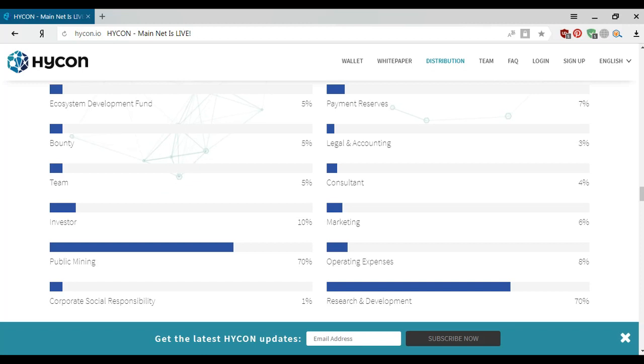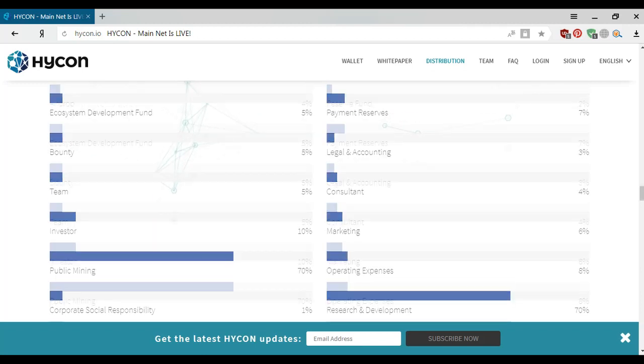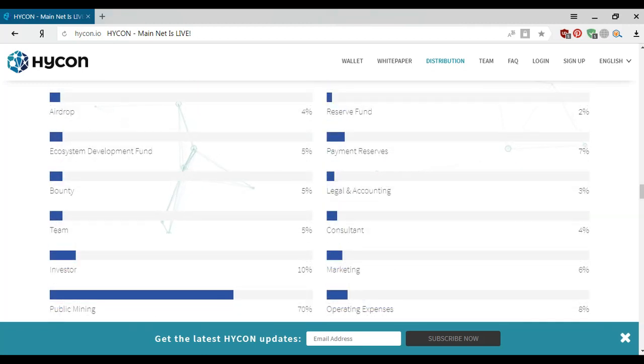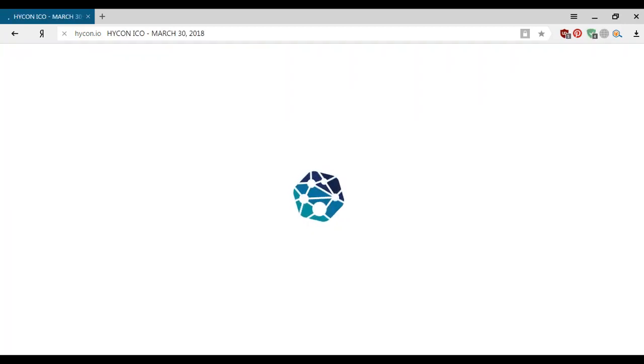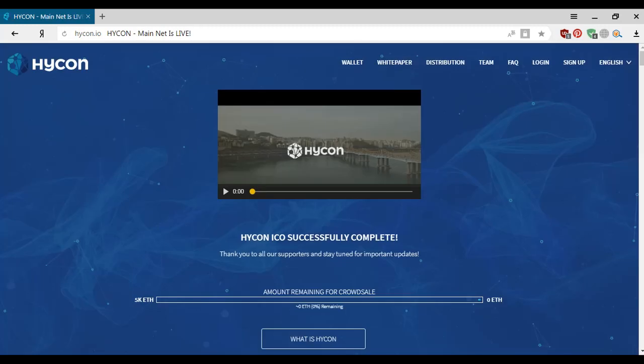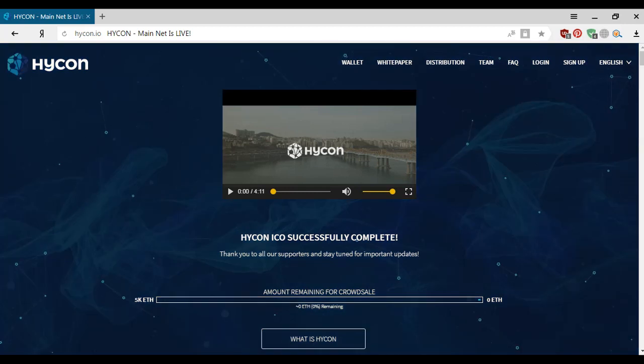So let's go up. The hope for investors in this case is that Hycon ushers in a new way of dealing with cryptocurrencies that is widely accepted. If this is the case, then it seems certain that the value of an original investment will grow.